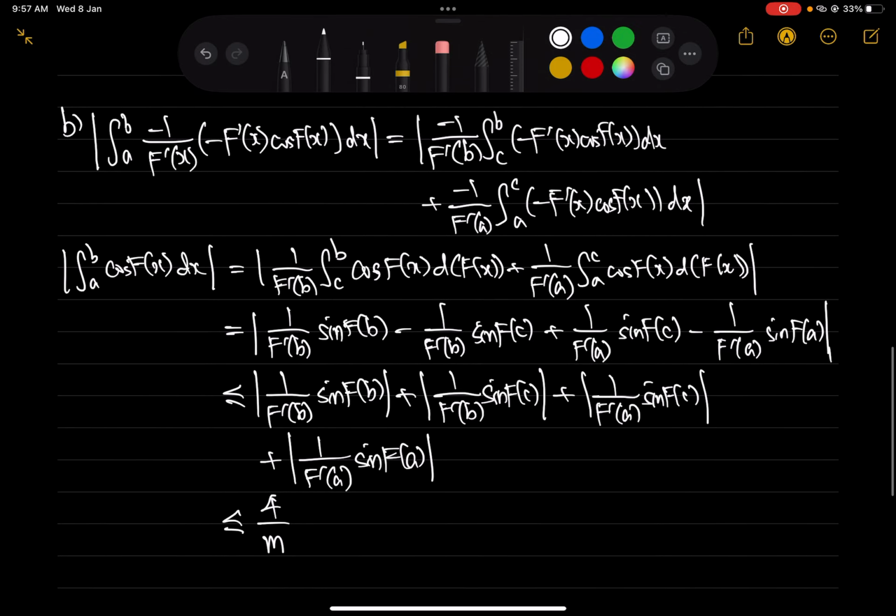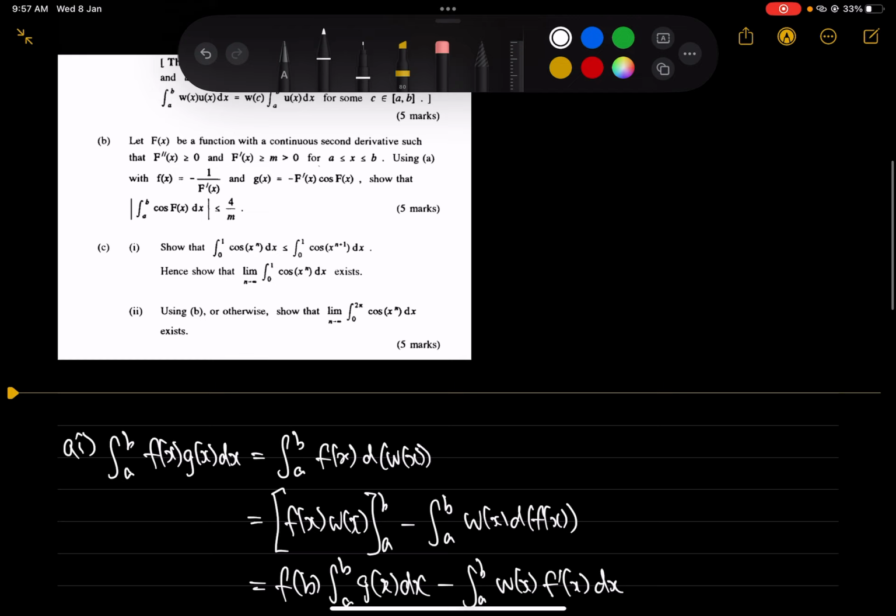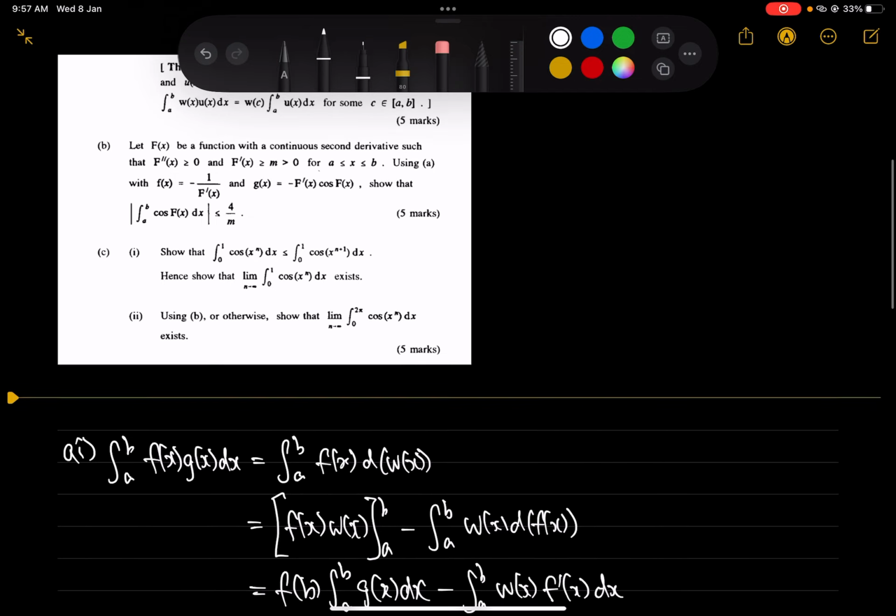And that's it for part B. Quite tricky because we need to use the triangle inequality.